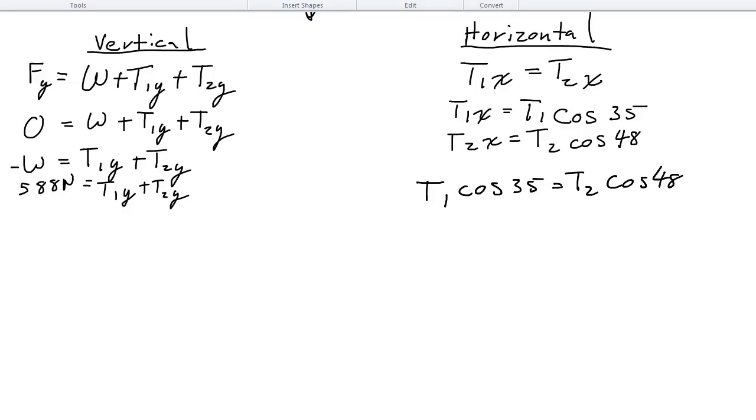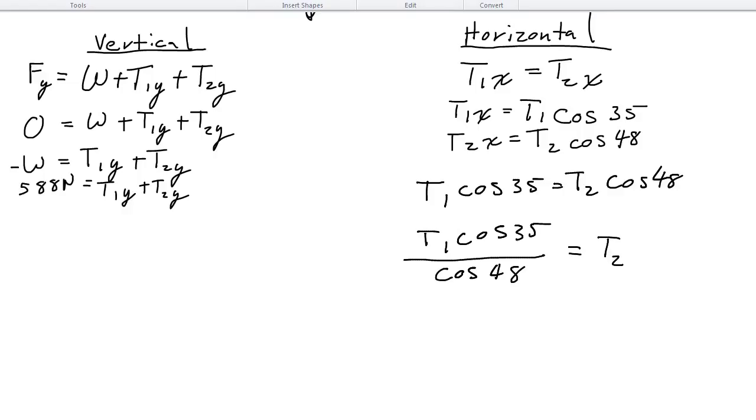I'm going to solve for T2 in this case, so T1 cosine 35 divided by cosine 48 is equal to T2. Okay, so I don't know T1 or T2, but I do know how they're related by the ratio of cosine 35 over cosine 48.